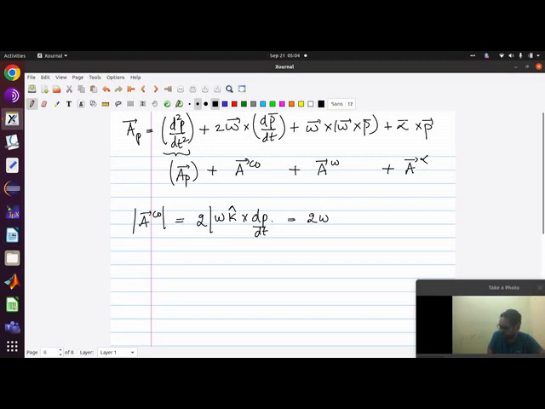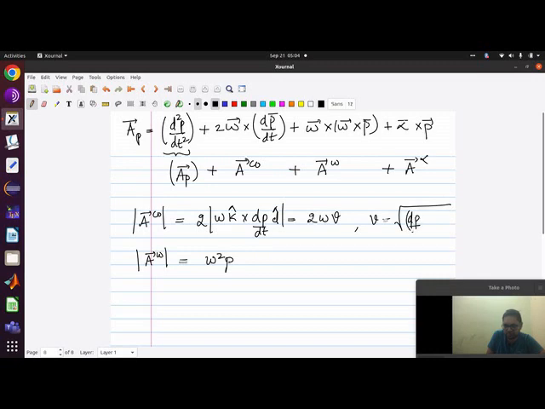Omega k cap cross dp by dt d cap, right? So this will be 2 omega p velocity, right? The omega component will turn out to be omega square p.